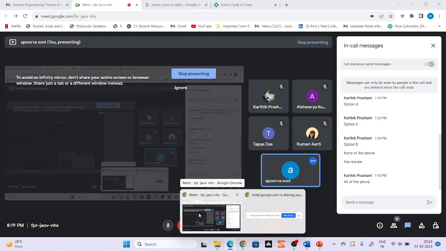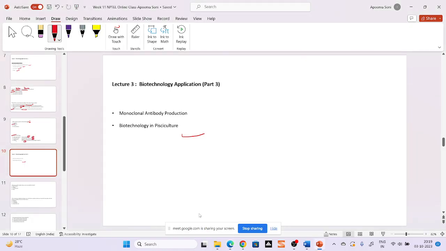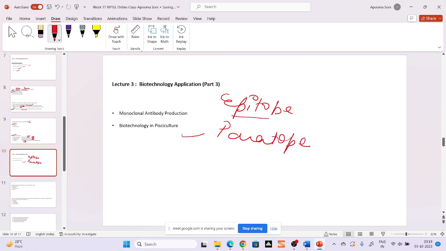Okay. There are two terms that you should remember. First is epitope and another one is paratope. When an antigen and antibody interact with each other, it is the epitope present on the antigen and the paratope present on the antibody that interact with each other.